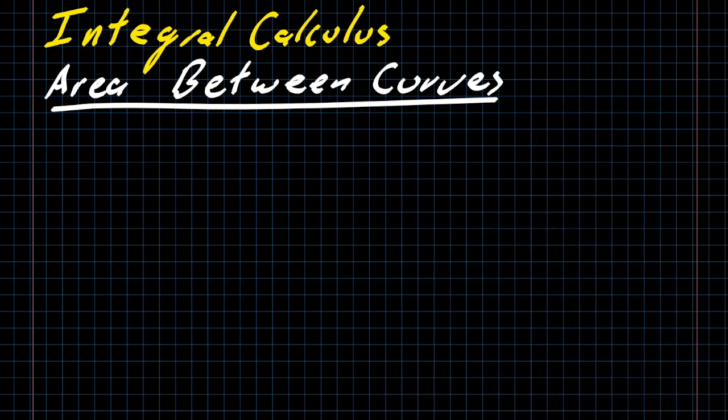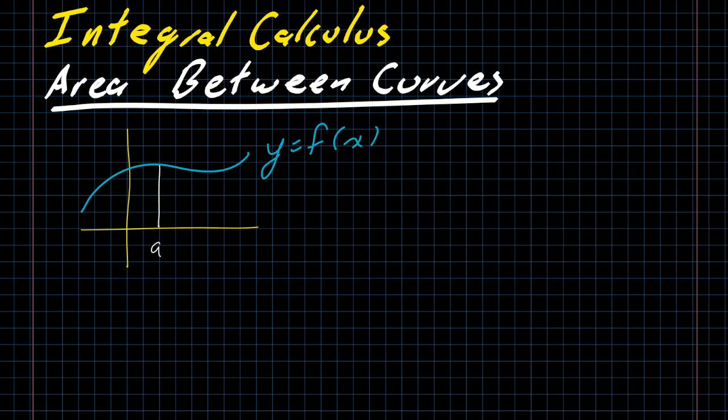I'll dive right in. You should remember from your previous study of calculus that if you are looking at the graph of a function, and you pick a couple of points on the graph, say x equals a and x equals b, then the integral from a to b of that function is the area trapped between that function and the x-axis.